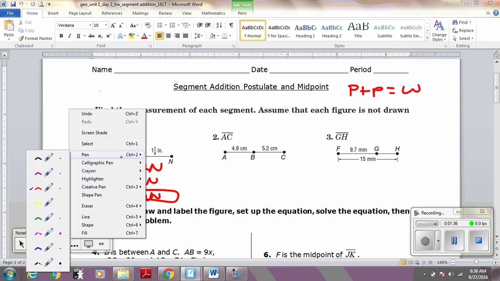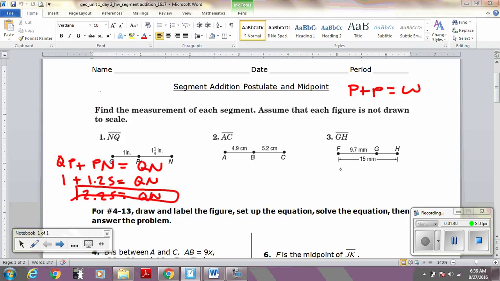All right, let's go to number 3. The equation for number 3 would be FG plus GH is equal to FH. We know that FG is 9.7.